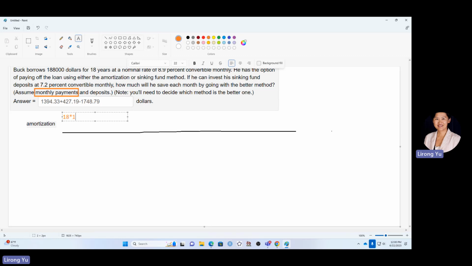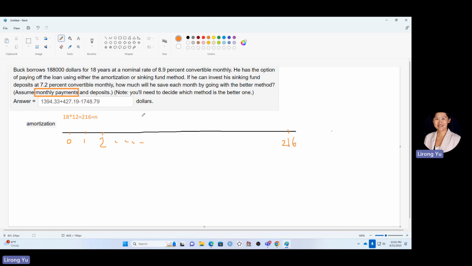It's 18 times 12, which is 216 payments. That's the number of payments, so that's how many months it is. Start with time 0, then we have time 1, time 2, and we get 216 payments.